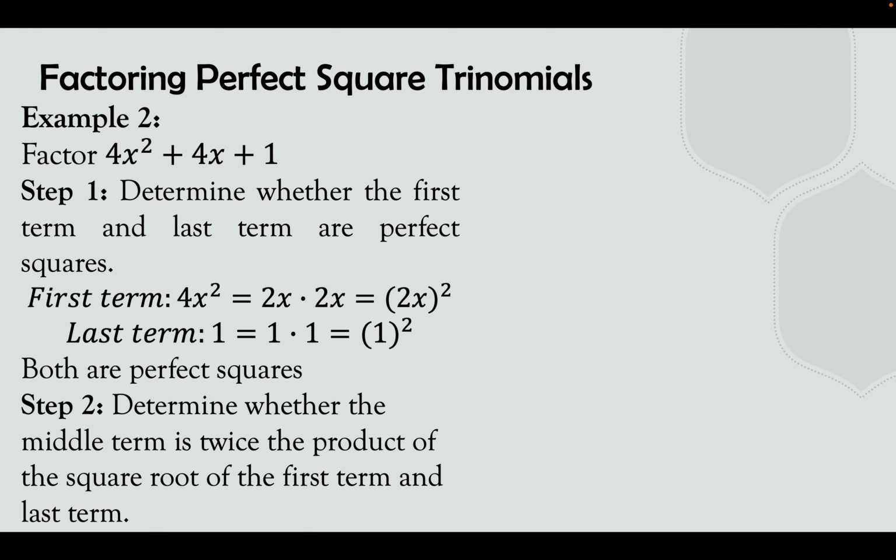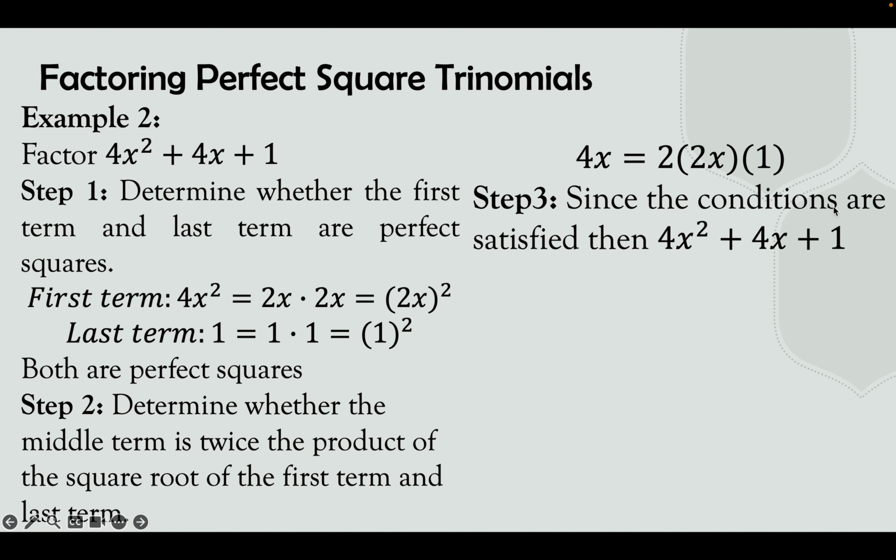Determine whether the middle term is twice the product of the square roots of the first term and the last term. Our middle term is 4x. The first term is 2x and the last term is 1. So 4x = 2 times 2x times 1, which is 4x.